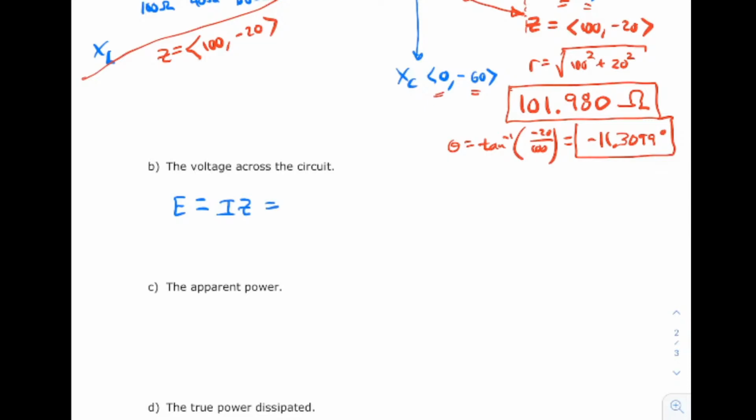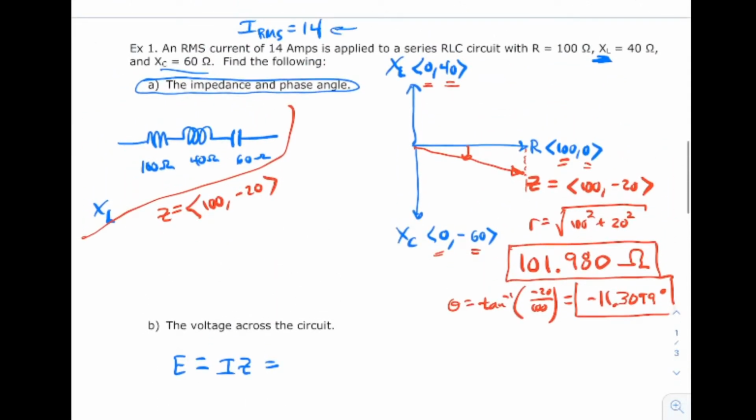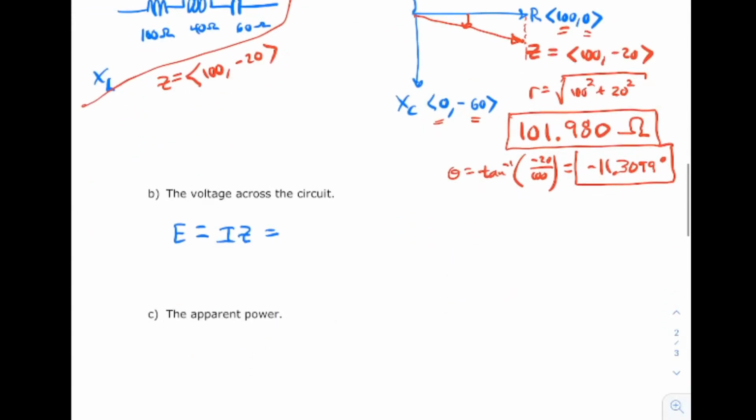So all I got to do is take my I, which they gave us, right? Yeah, they told us the IRMS was 14. So it's 14 amps times the impedance that we just solved for, which is 101.980 ohms. Let's multiply those two things together.